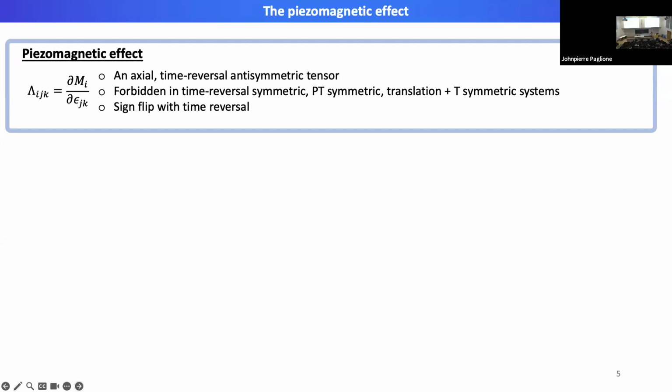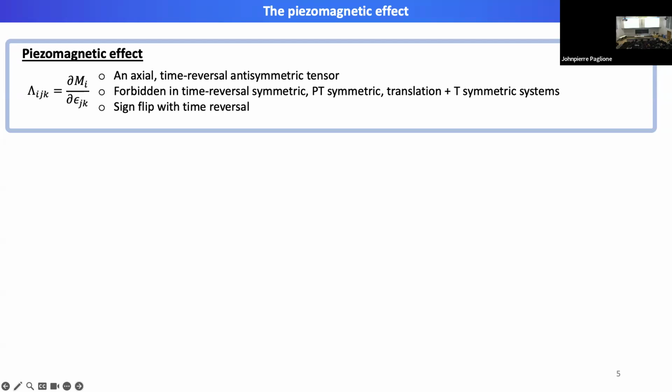So in other words, breaking time reversal symmetry is a necessary condition for the piezomagnetic effect, but it's not a sufficient condition. You have to break it strong enough.